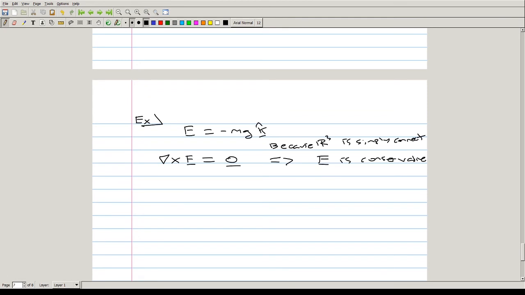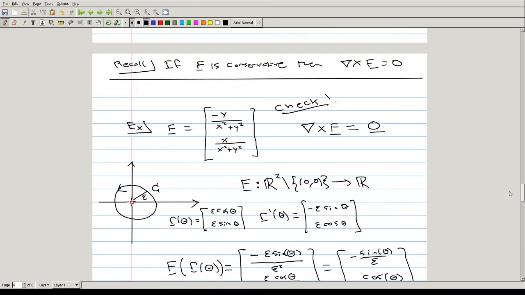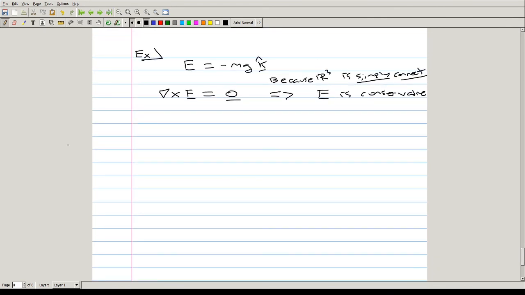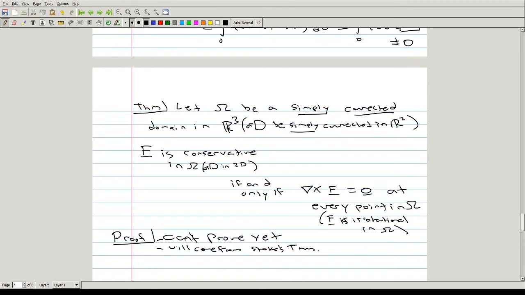So it's important to emphasize here that simply connected means with no holes in the domain, or equivalently, you can think of it as any closed loop can be shrunk down to a point inside the domain. It's another nice way of thinking of it. But the idea here is that this theorem only works if the domain is simply connected.